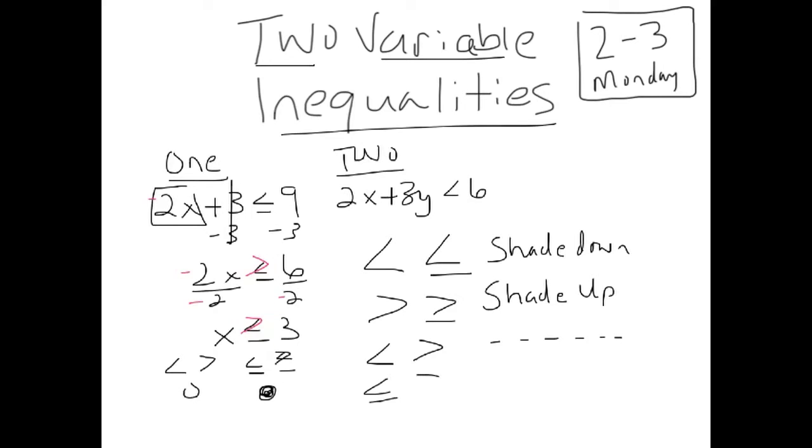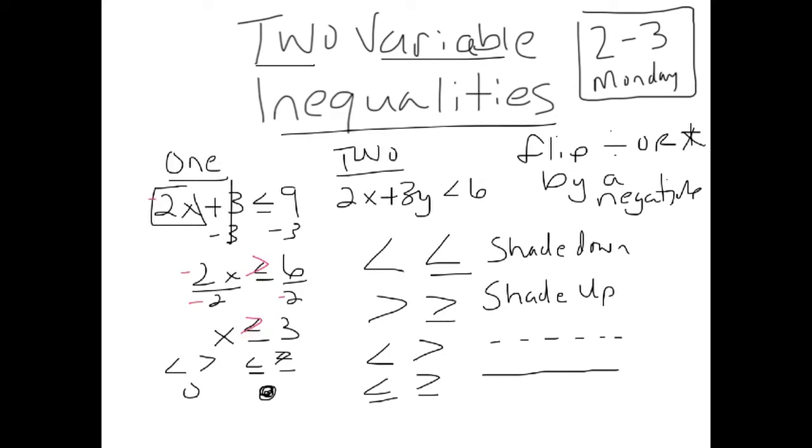Less than or equal to, greater than or equal to, solid line. Still, we have to flip when we divide or multiply by a negative. That rule still holds over from the other day.